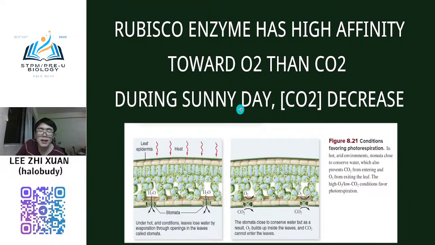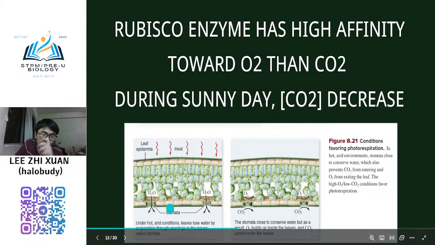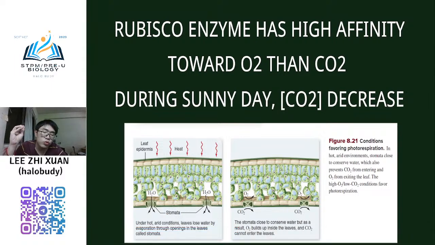So during a sunny day, if the day is very hot, normally the carbon dioxide concentration will decrease. Why? Because of the stomata. Under hot conditions, the leaf will lose water by evaporation through the openings in the leaf.